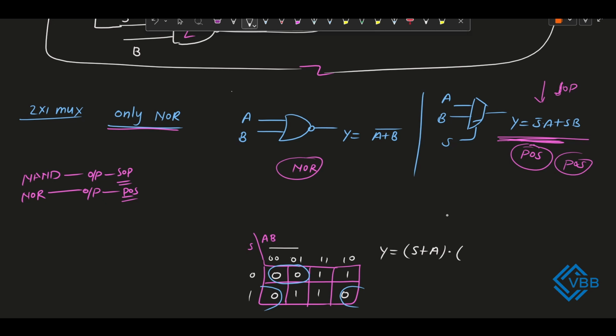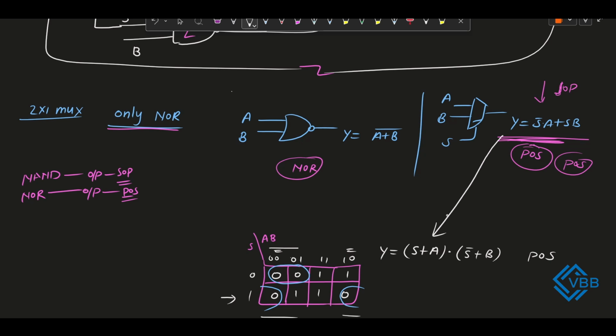So what is the next term? S complement, because here if you see, one is here. So in POS, one represents the complement, and from these both we will see the common part. So what is the common in these both? B. So we will write here B.